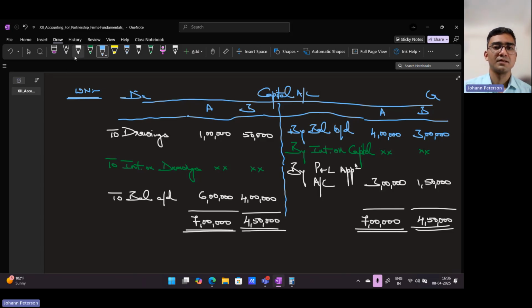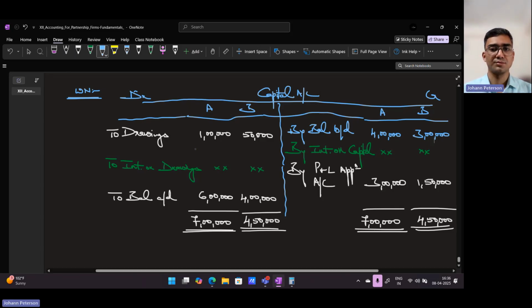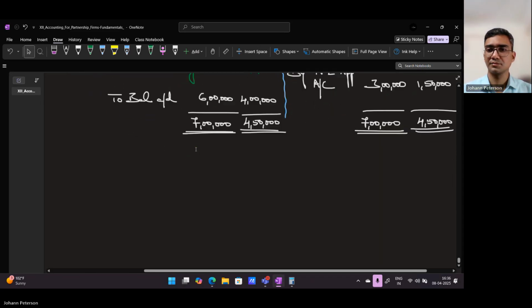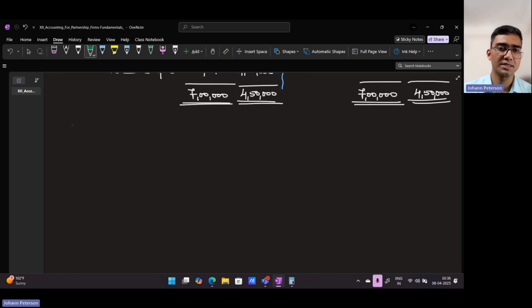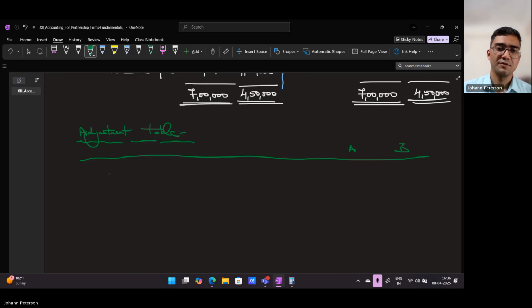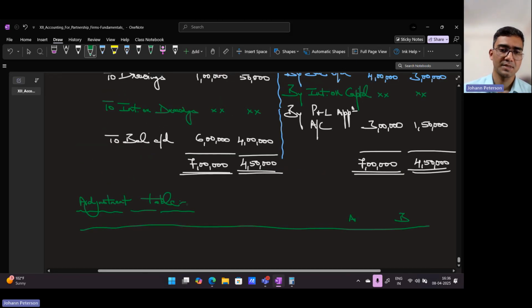Okay. Which implies also that now if we make an adjustment table, then we will have A and B. First is those profits that we have taken back.